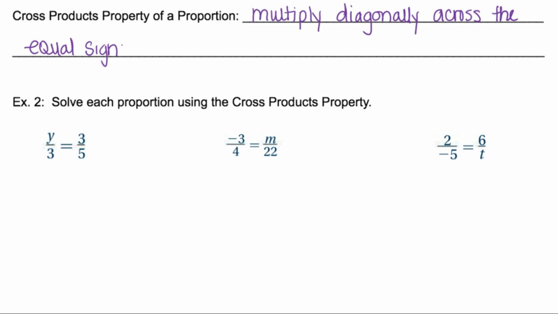So we're going to take the numerator of the first ratio times the denominator of the second ratio and make that equal to the denominator of the first ratio times the numerator of the second ratio. We are going to end up cross multiplying.